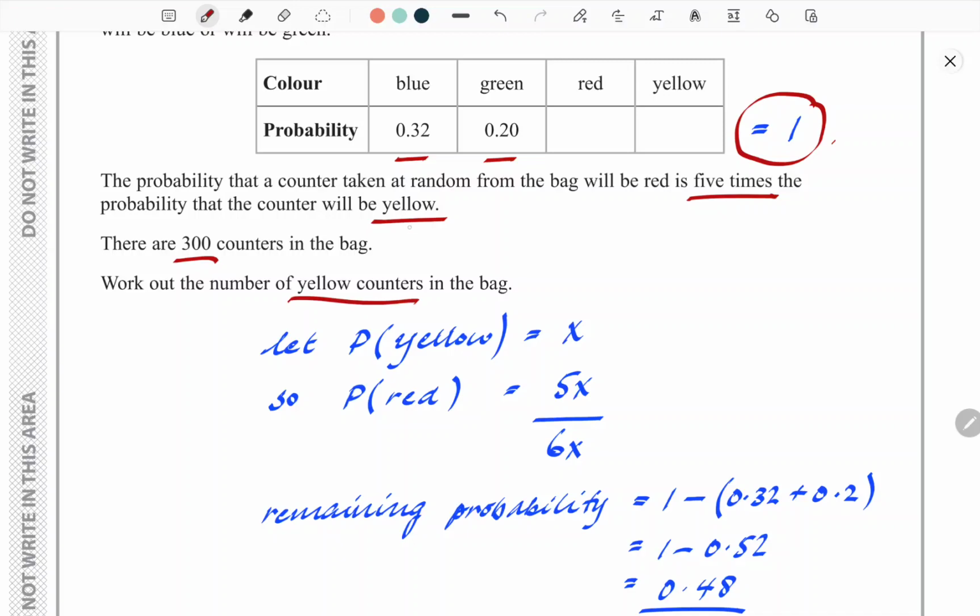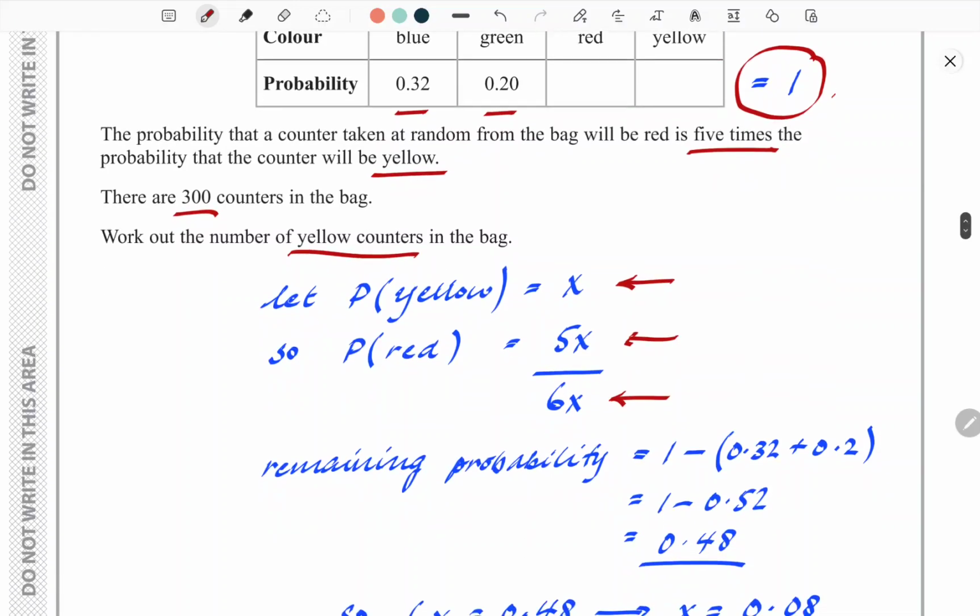So since yellow in this one is a smaller one and red is 5 times the yellow one, we're going to let the probability of picking a yellow be x, and the probability, therefore, of picking a red must be 5 times that, 5x, all right? Together, that means it's 6x, all right? And we know that the two probabilities we already have, blue and green, together make 0.52.